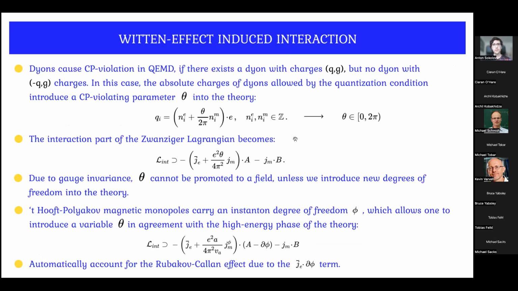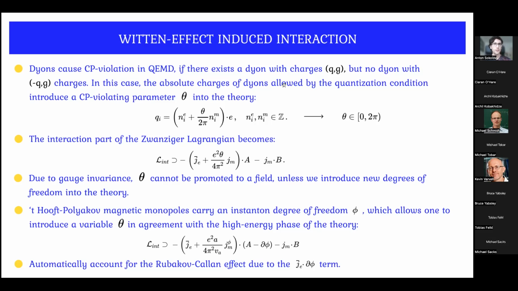First, we can start with the CP violation in quantum electrodynamics. This is related because, to get axion interaction with photons, or with magnetic monopoles, we can just introduce first the theta parameter into the theory, which is a CP-violating parameter, and then exchange it for the axion field.